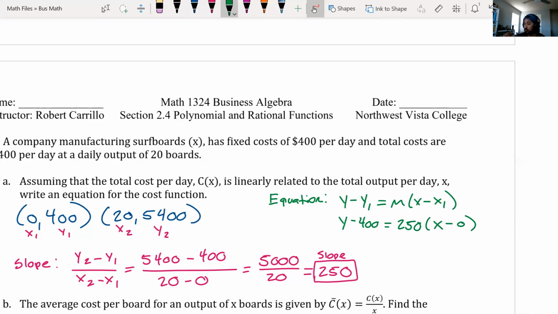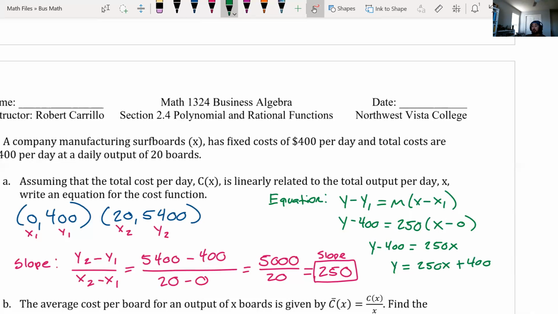Go ahead and distribute that 250. And you'll have 250x minus 0. So just 250x. Add the 400 over, and we get 250x plus 400.